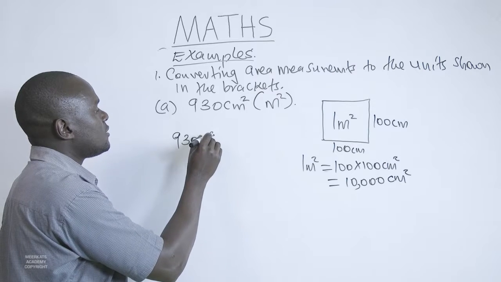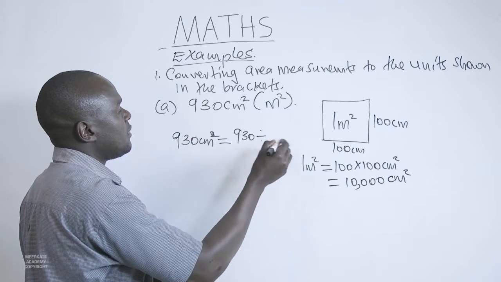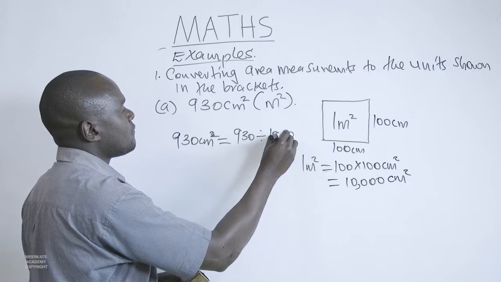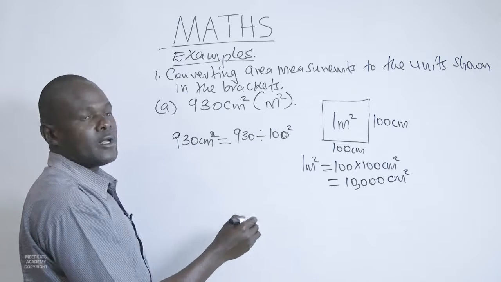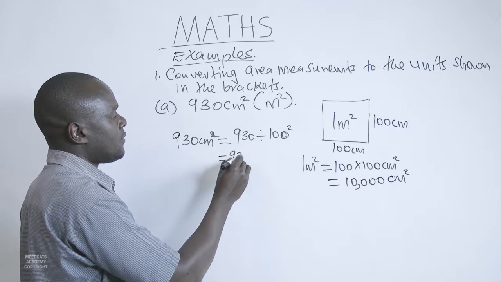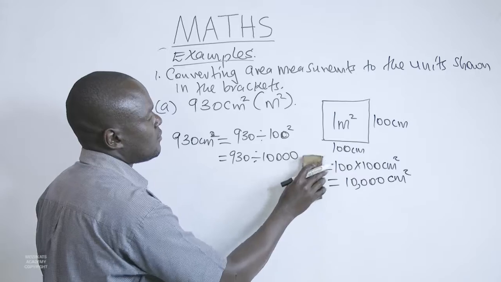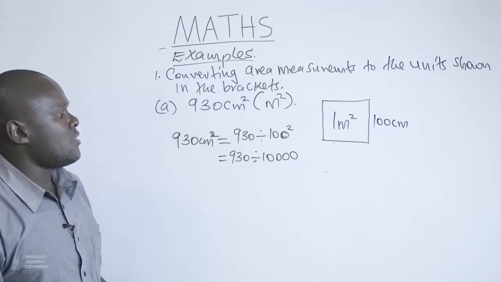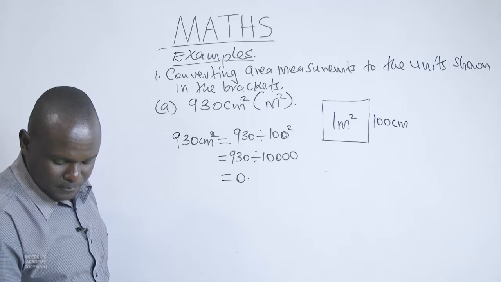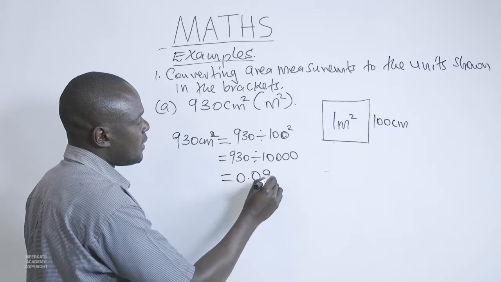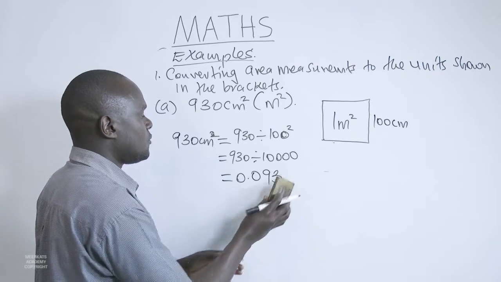So with this, we will have 930 square centimeters being equal to 930 divided by 100 squared, and this can be written as 930 divided by 10,000, and this will give us 0.093 square meters.